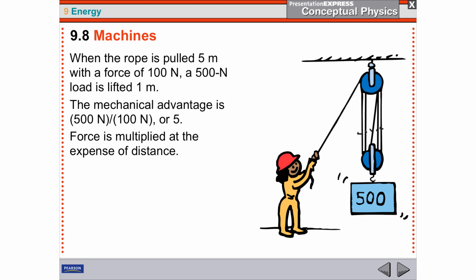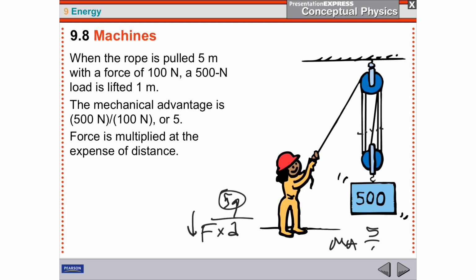So if I'm increasing the distance 5 times, what have I done to the force? If the work done on it is force times distance, and I multiply the distance by 5, I've divided the force by 5, and so if I have an output force 5 times more than my input force, then my mechanical advantage is going to be 5.